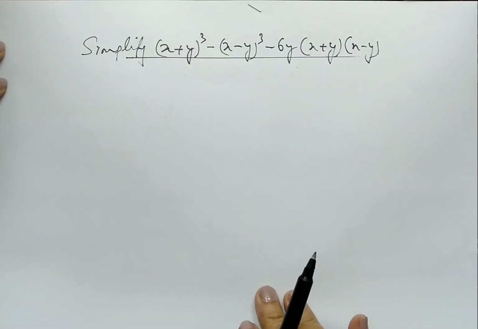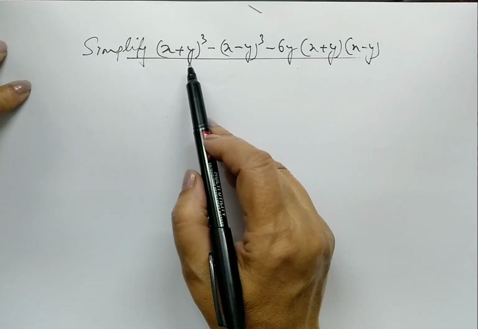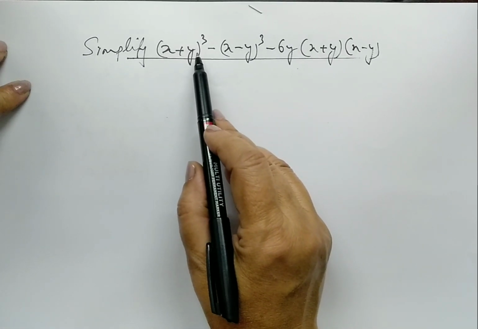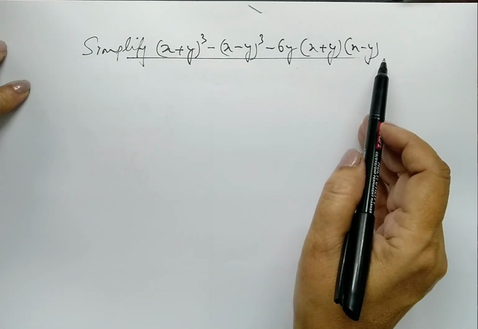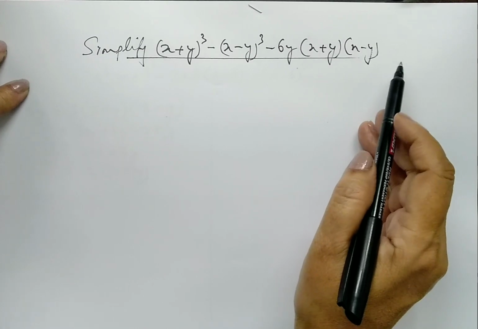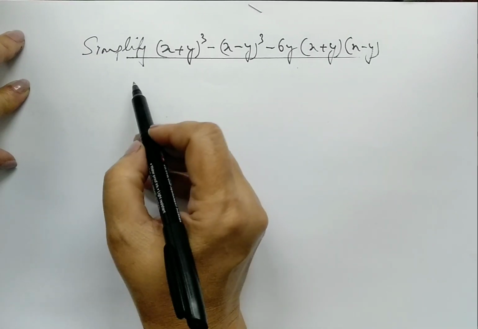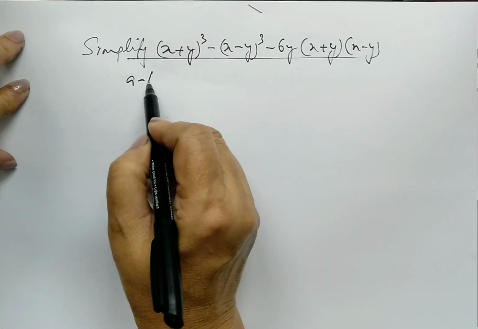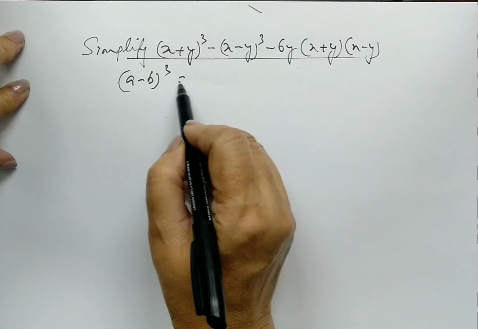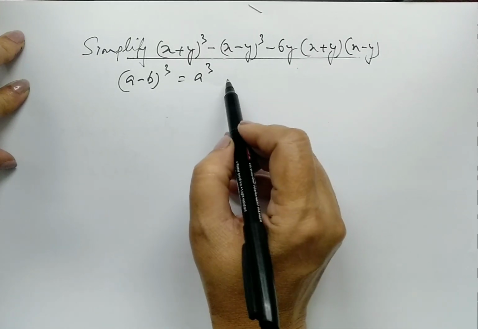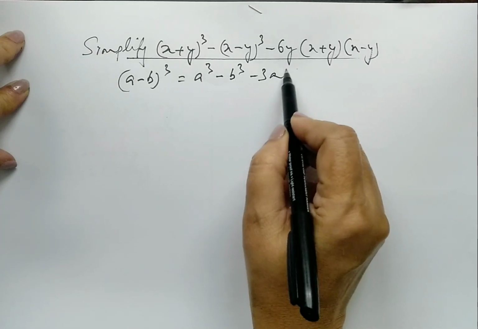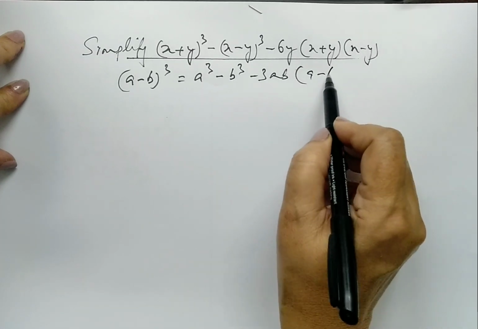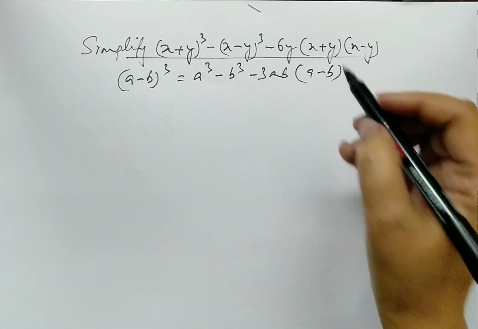Shall we? So here, the first thing is that I see a cube here too, but something is missing majorly. And what that is, as per the formula (a minus b) whole cube, we have a cube minus b cube minus 3ab(a minus b), isn't it?